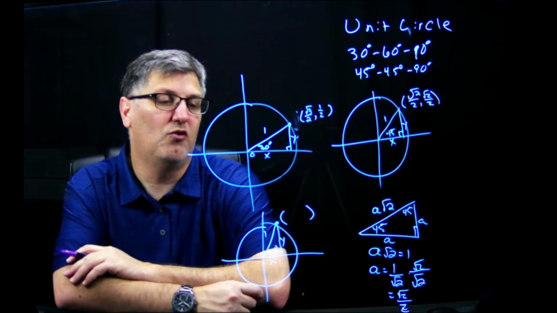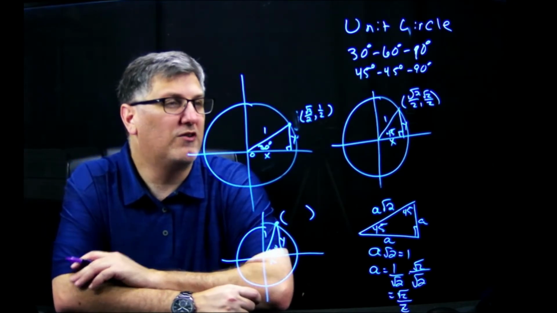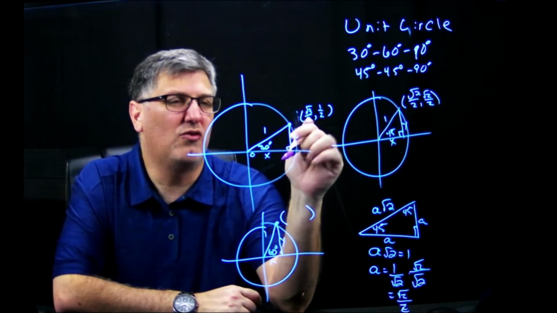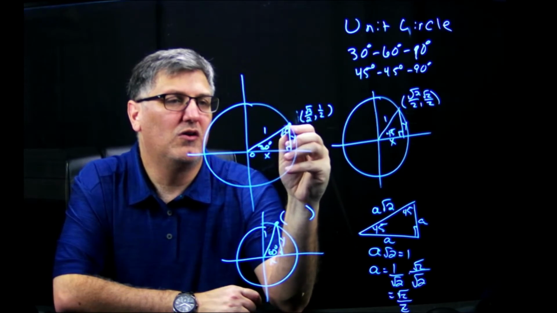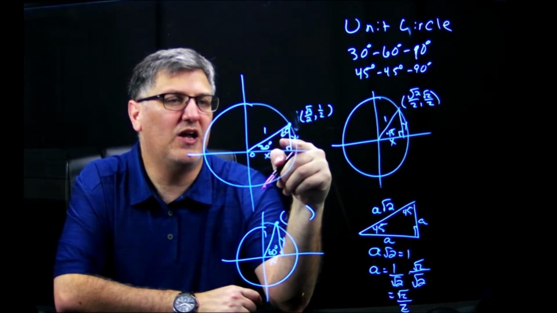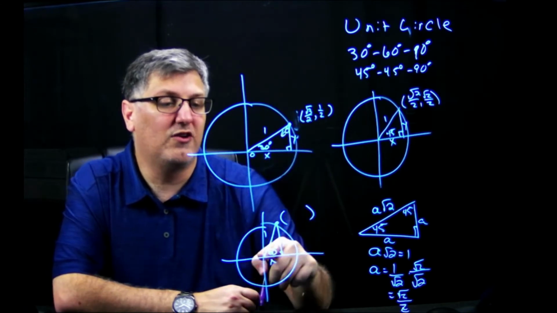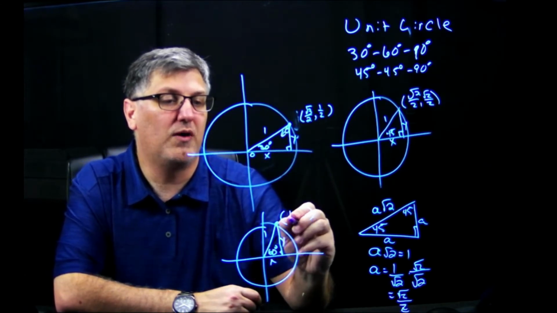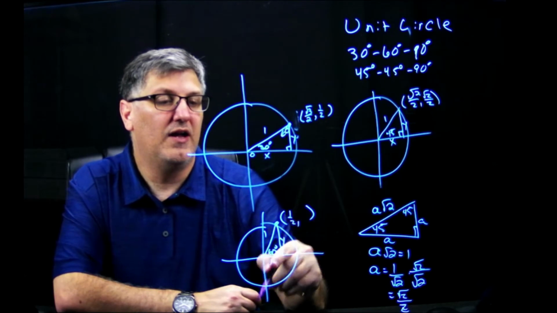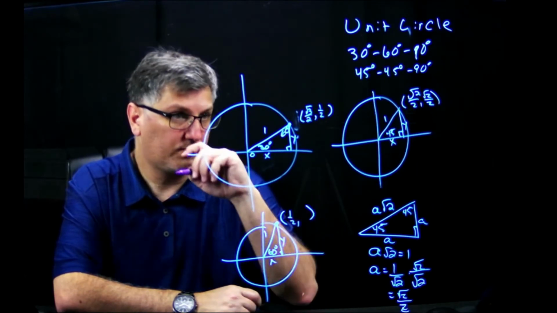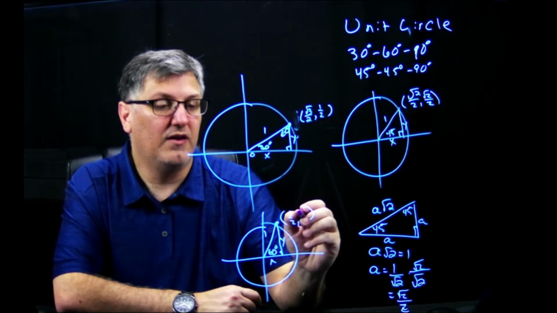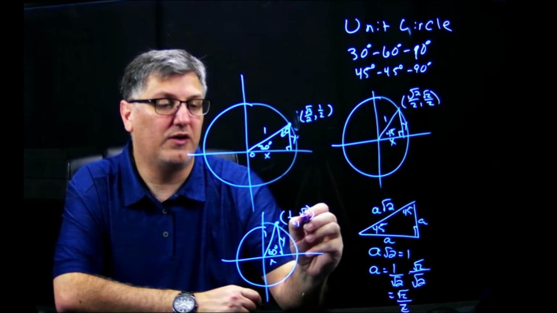My radius is still 1. Well, it's basically this triangle, because this was 30, 60, 90, and they just switch. So now my 60 degrees is my Y value, so this becomes my 1/2, and my X is square root of 3 over 2.